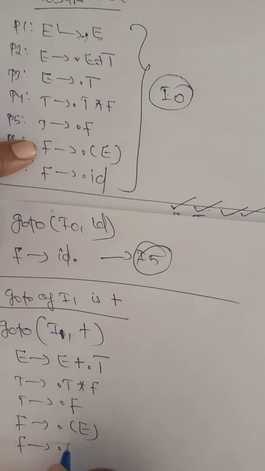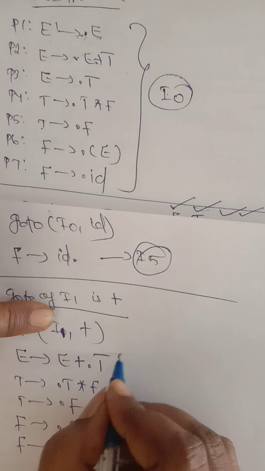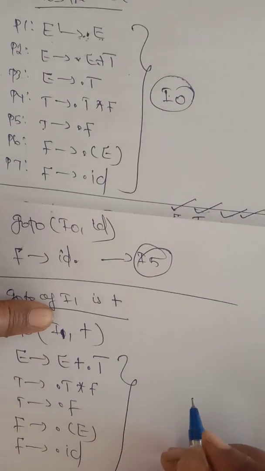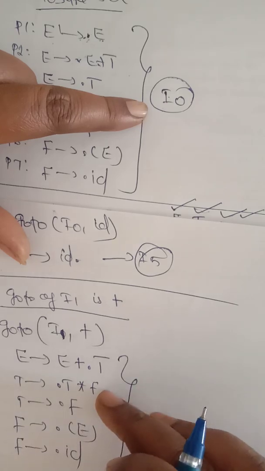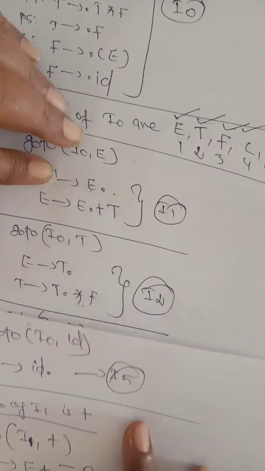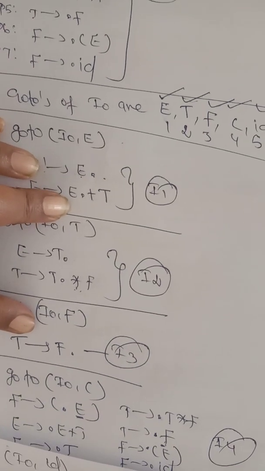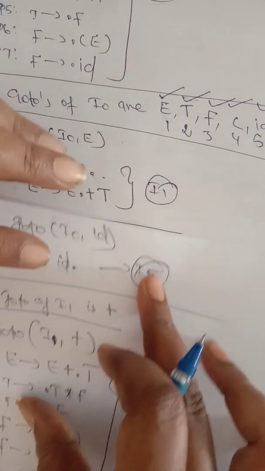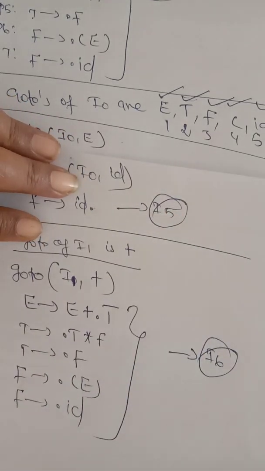F comes to dot ID. Then compare this set of productions with the already available sets. It's not matched with I0, I1, I2, I3, I4, or I5. So give a new name, I6.